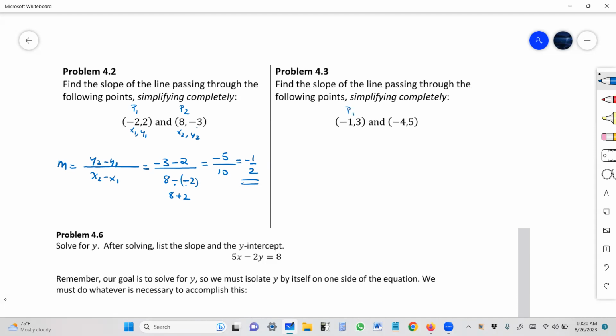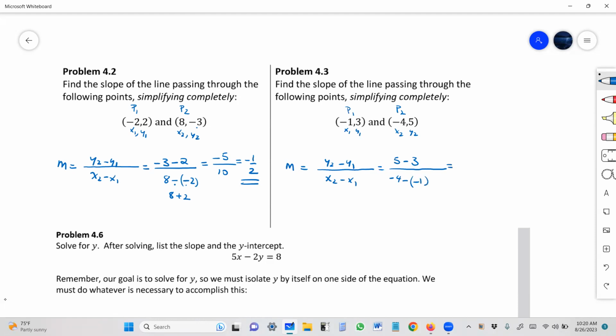Second case, same thing. I'm going to call this P1 and P2, which means that this is x1, y1, x2, y2. Again, we use the formula, y2 minus y1, over x2 minus x1. y2 is 5, y1 is 3, x2 is -4 minus x1, which is 1.